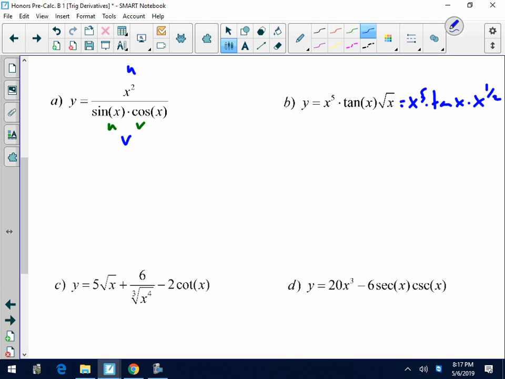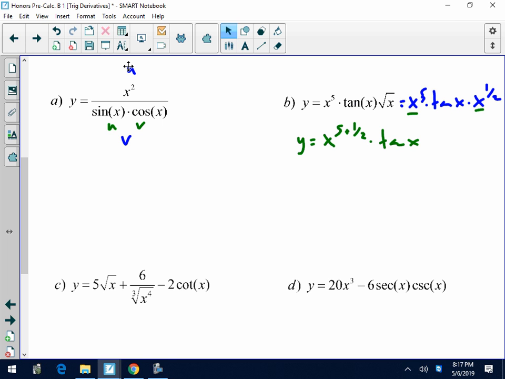And for right now, what I'm going to say is that if we think about multiplying common bases, right, we can say that a multiplication of common bases is an addition of exponents. So right here, we actually have y equals x to the 5 plus 1/2 times tan x.